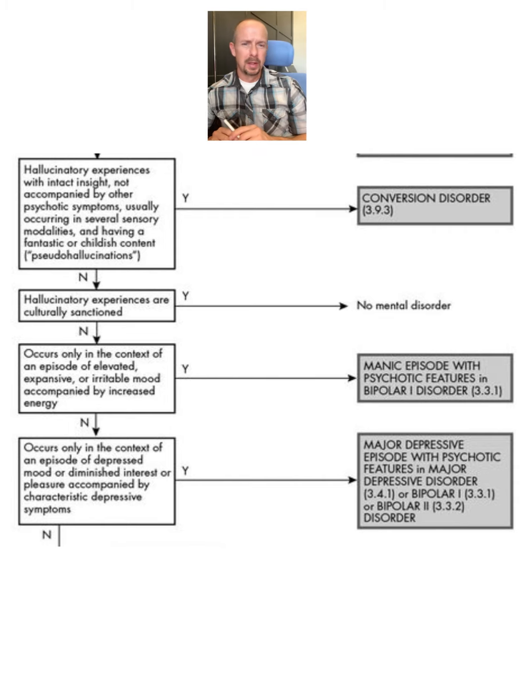So there are no delusional issues, no odd or bizarre behaviors, none of those other psychotic symptoms that we would typically think of. Here, there's intact insight. In this particular mapping, it says usually occurring in several sensory modalities, whether it's sight or touch or smell or hearing.